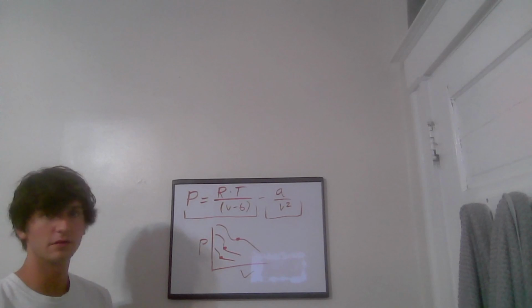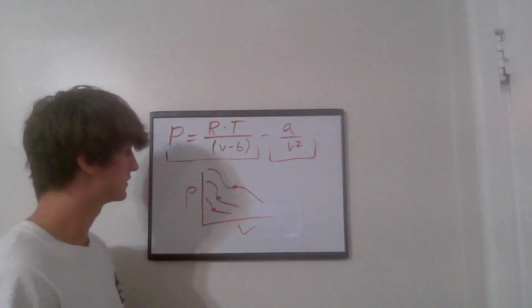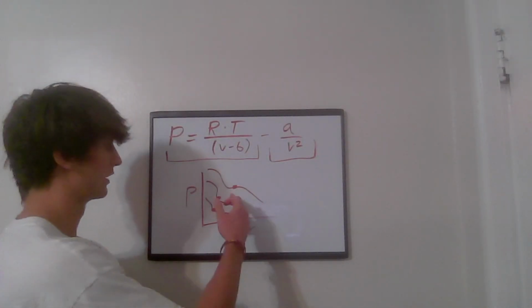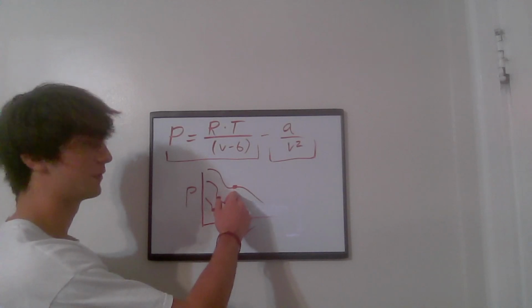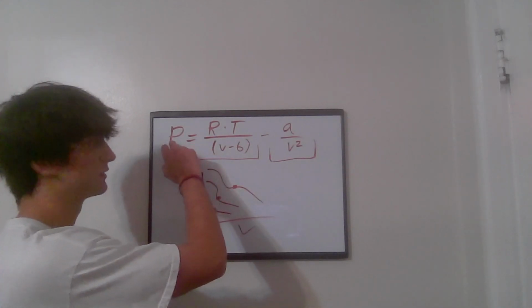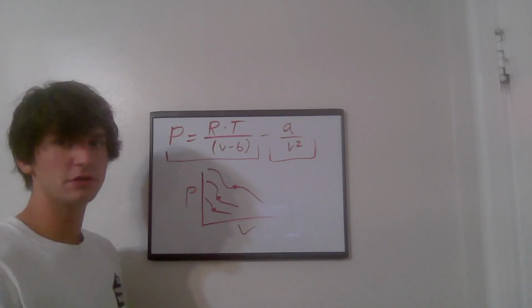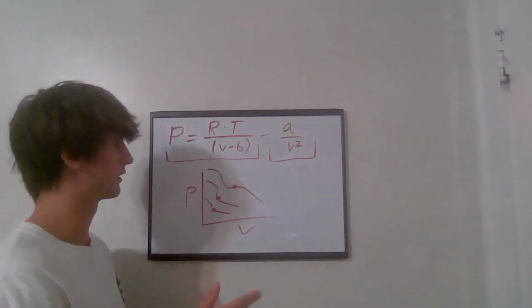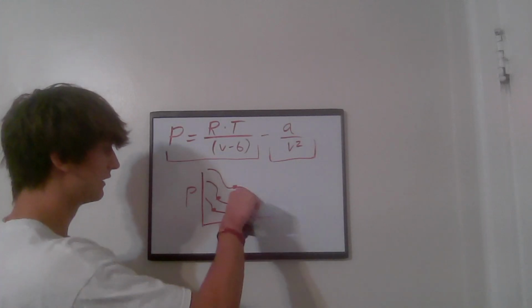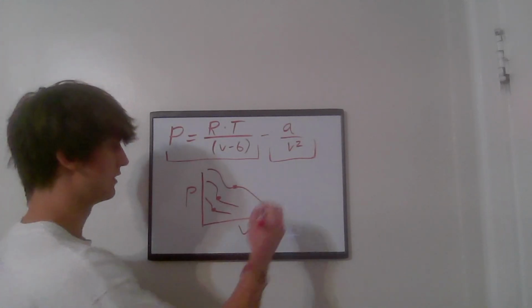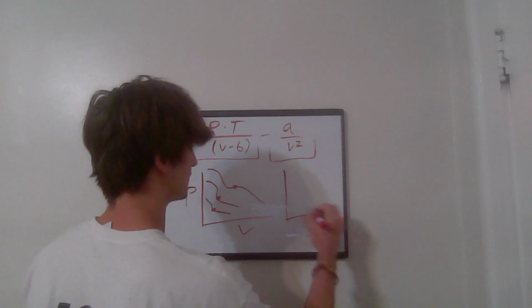Now, these points of inflection are going to help us out. We get these points of inflection when we set the second derivative of this equal to 0. So what we want to do is find the first derivative and the second derivative. And this graph is going to help us also on our pressure versus time graph.